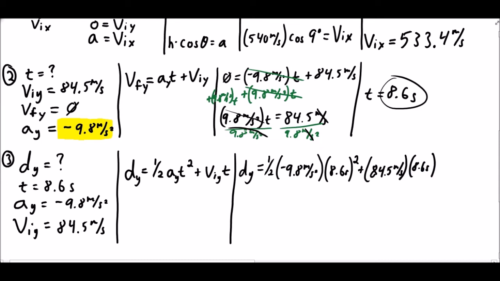Now when we do this, the seconds get squared, and so that's going to end up canceling out those seconds. So everything's going to be meters when we're done. So dy will end up being 364.3 meters. And that's how high it goes. Okay? So that's one of our answers.